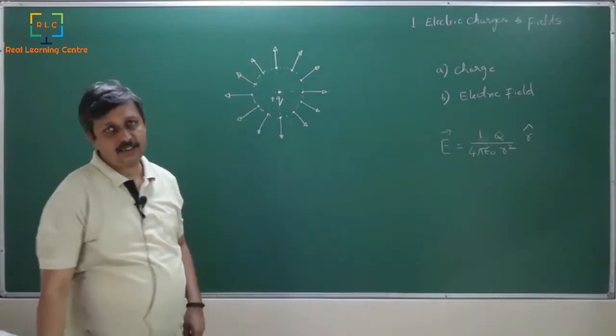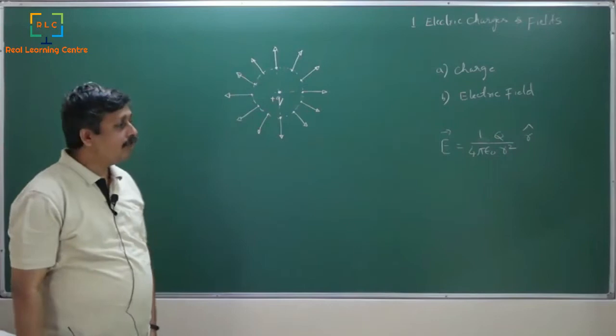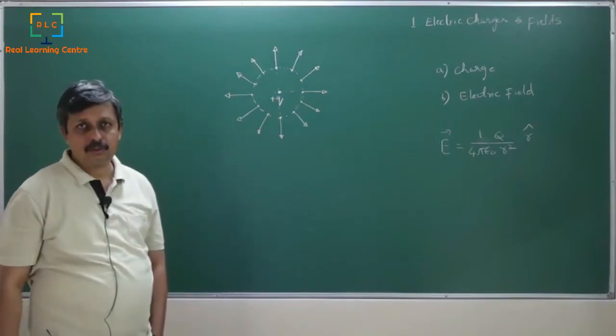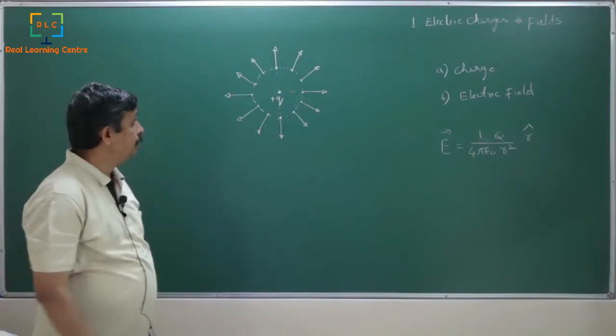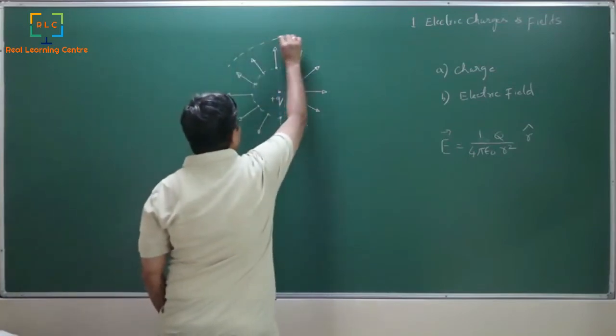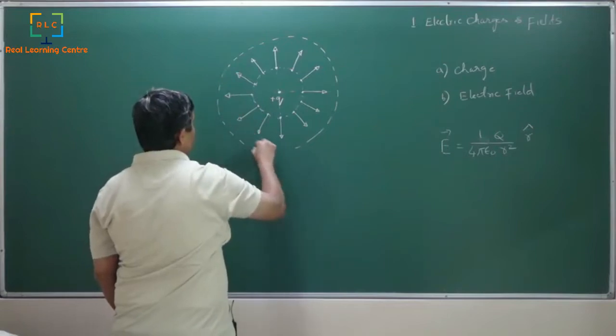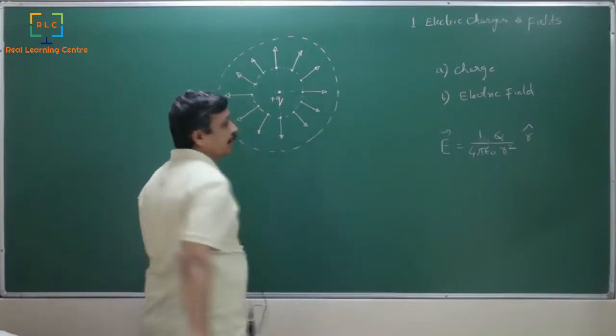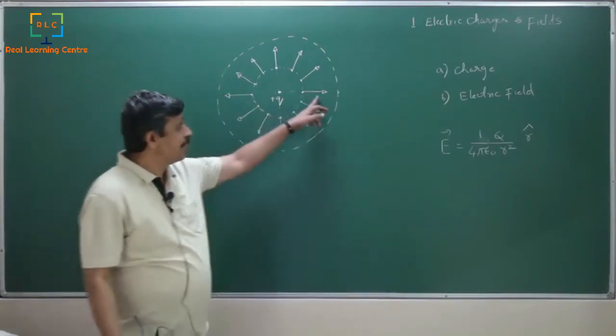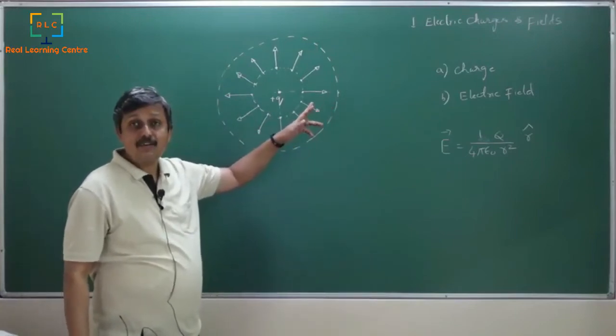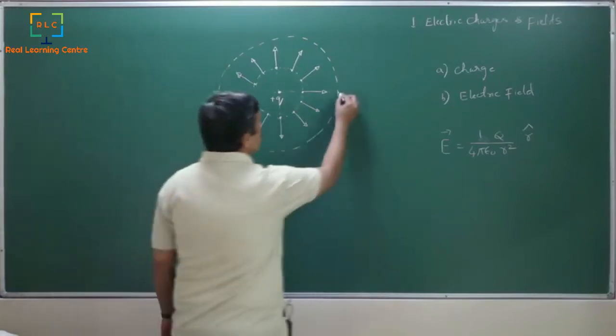Now what if I calculate on another imaginary circle which is slightly bigger? Here that would have the same direction as this, however it would have a smaller magnitude.